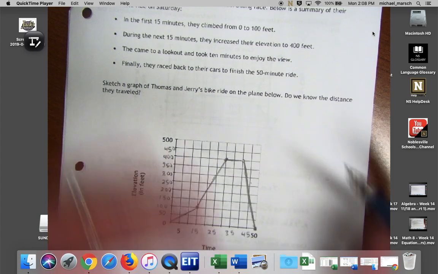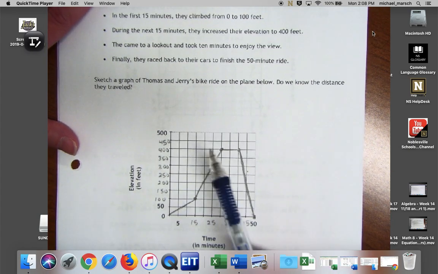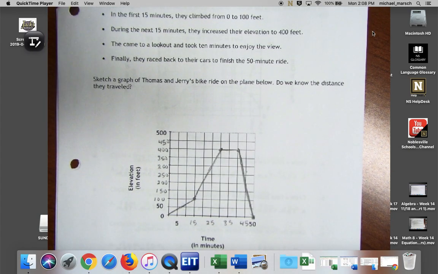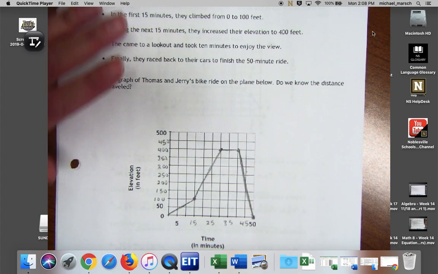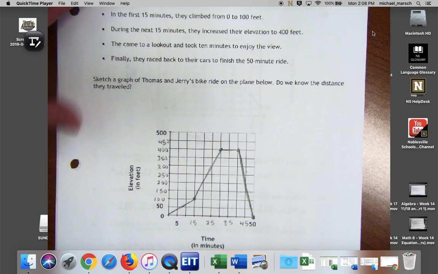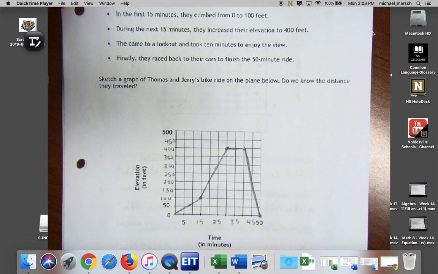Okay, so here's a question. Do we know the distance they traveled? We know their elevation, but do we know how far they actually rode their bikes? It says elevation in feet. We know how high they are above sea level, but we don't know how far they actually rode their bikes between one point and the other.